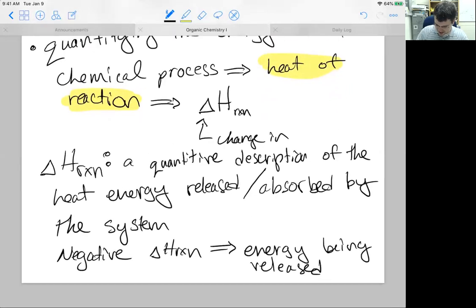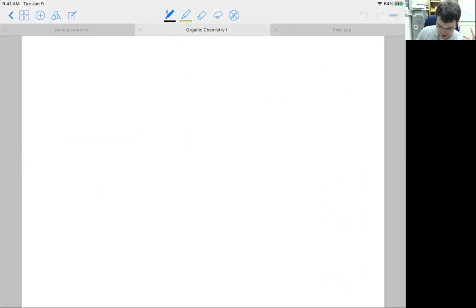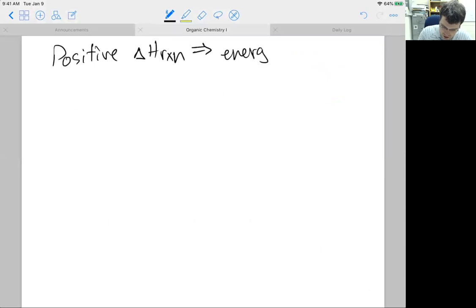Why would a scientist who wants to dedicate an important chunk of their life to thinking about this stuff get so put off by a field due to a negative sign? And conversely a positive sign? A delta H of reaction that's positive implies that energy is absorbed into the system.